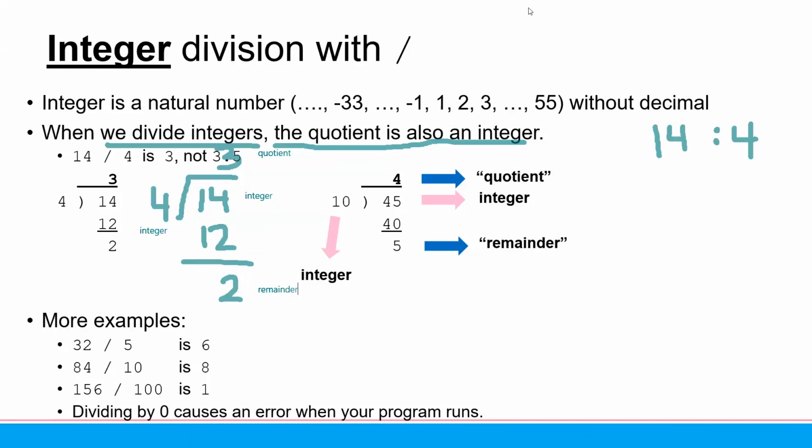Actually, if you have the real number, 14 divided by 4, it will be 3.5. Okay. This is the real number. But because we have integers, the result will be only 3.